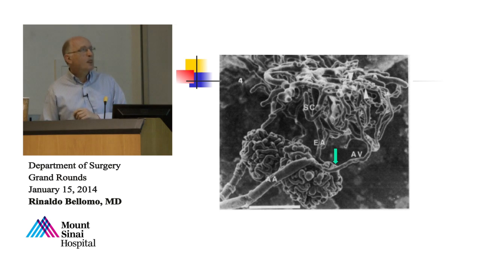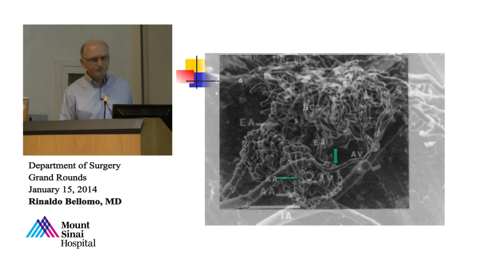That in fact, the efferent arteriole can enter the glomerulus and exit as the efferent arteriole, or blood can just continue on a side branch and bypass the glomerulus and enter the vasa recta.